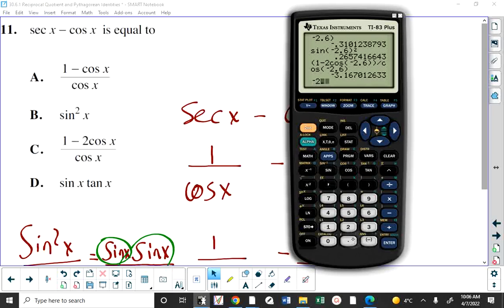Sine negative 2.6 times sine negative 2.6 times tan negative 2.6. There's that number that I recognize. And rather than typing that all in, obviously what you could do is put it in as a function.